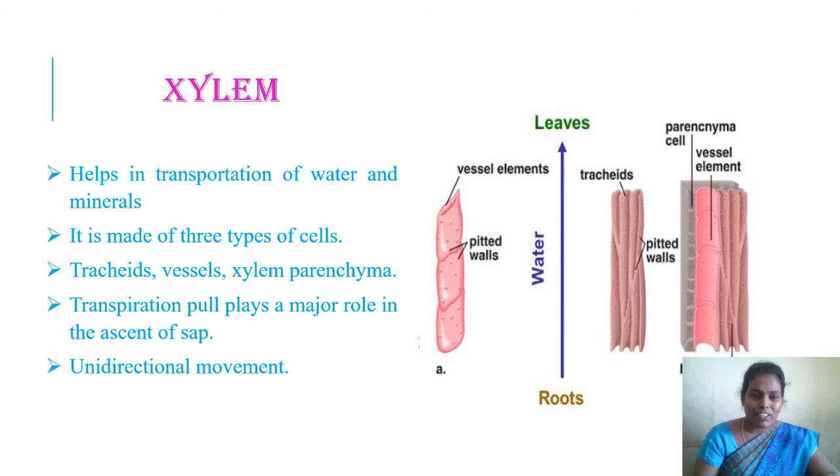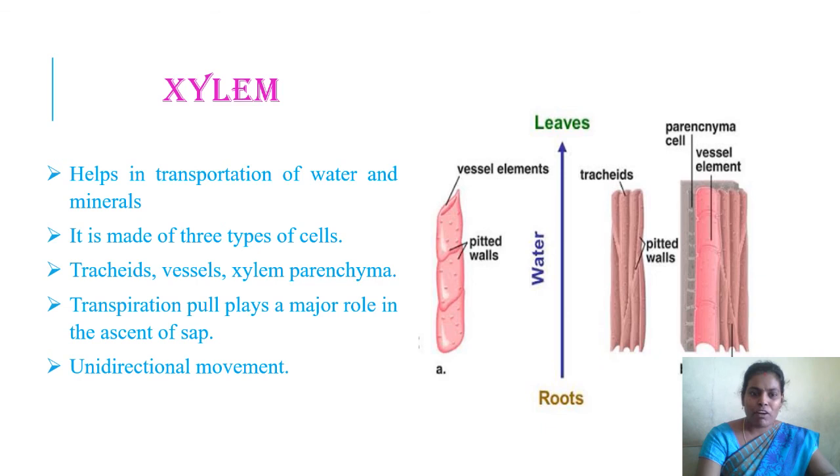Xylem is the vascular tissue which helps in the transportation of water and minerals. We know that roots absorb water and minerals, and whatever water is absorbed at the root tip is transported to all parts of the plant through this xylem tissue only. See the picture here, how the xylem tissue is present inside the plant.